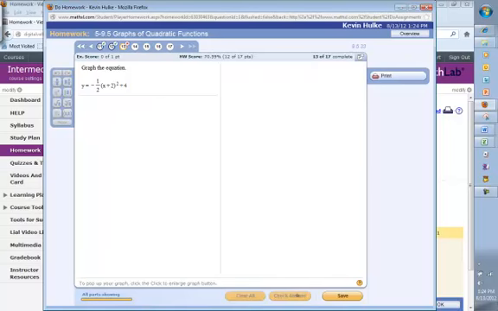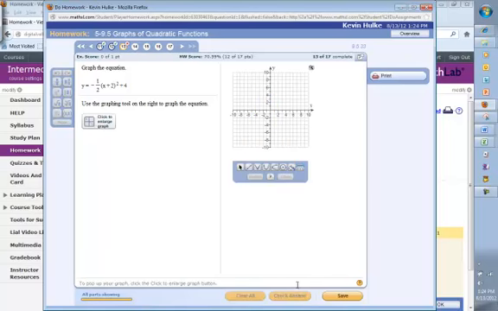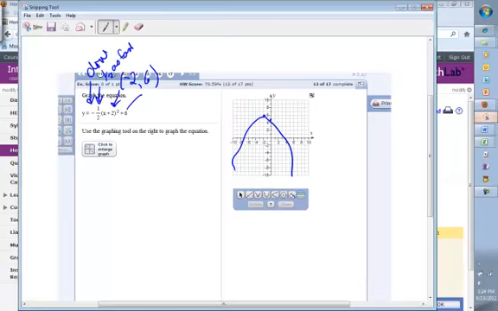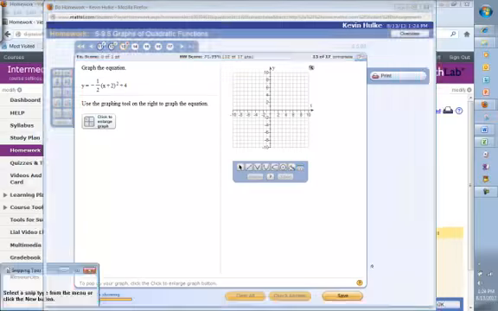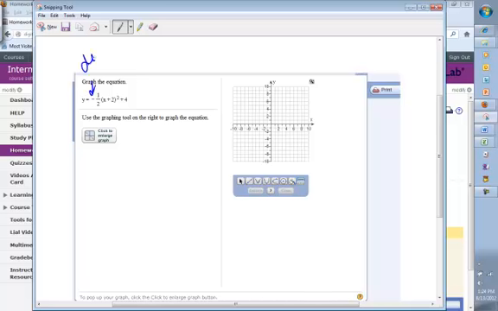Oh, let's try this one again. All right, so it's opening down, half as fast. This is our x coordinate with a negative sign in front of it. This is our y coordinate.